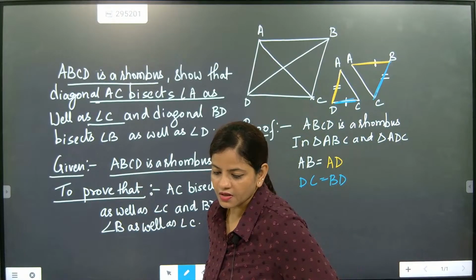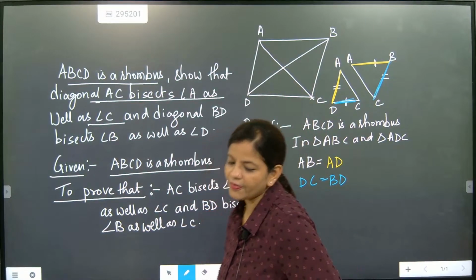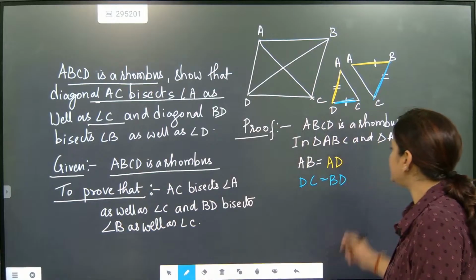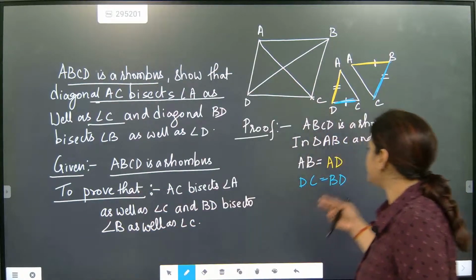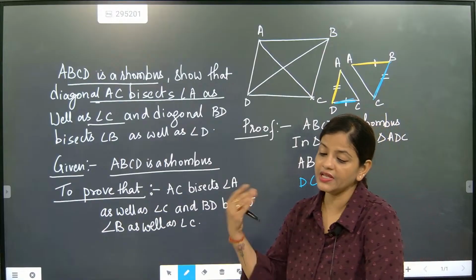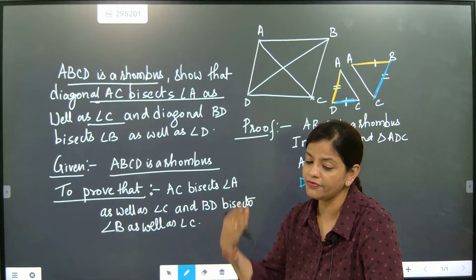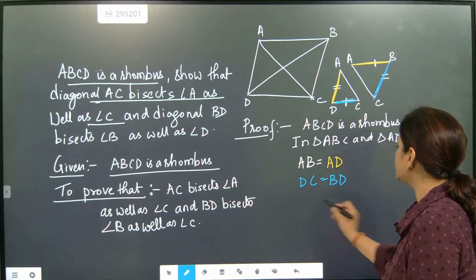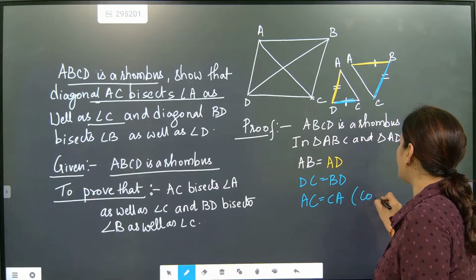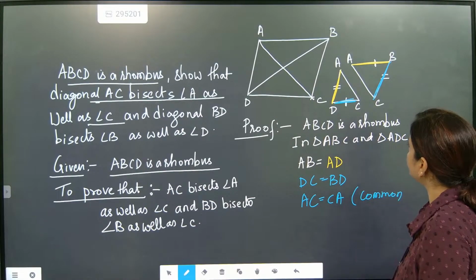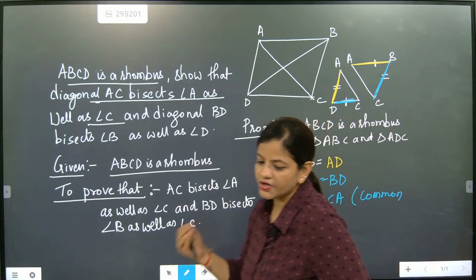So DC is equal to BD. This is another property, and these are coming by the property of rhombus. Now what next are we going to say? AC is equal to CA. This is common for both the triangles. Understood?